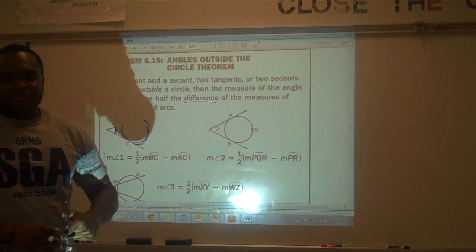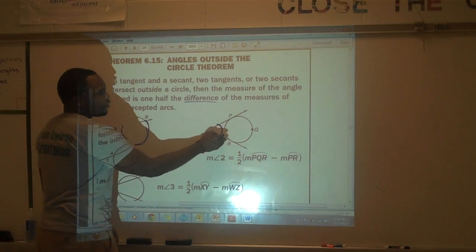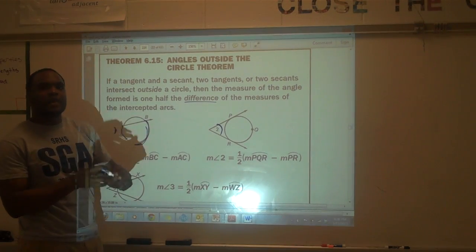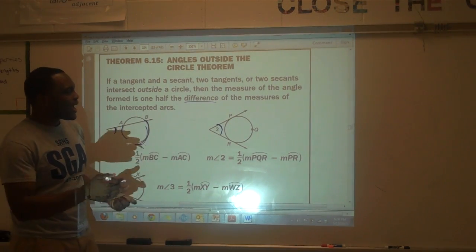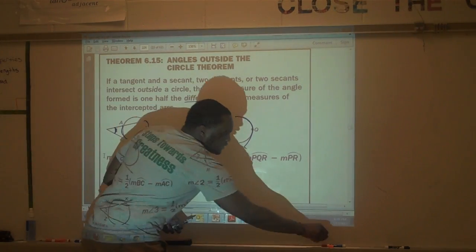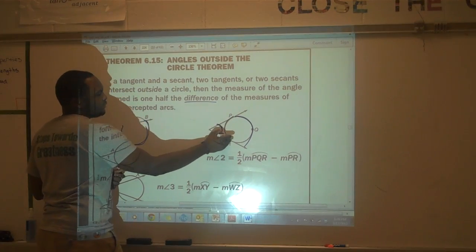So if I want to find the measure, for example, of angle 2, I'm going to take 1/2 and multiply it times the difference. What happens when I subtract arc PQR minus this arc PR.